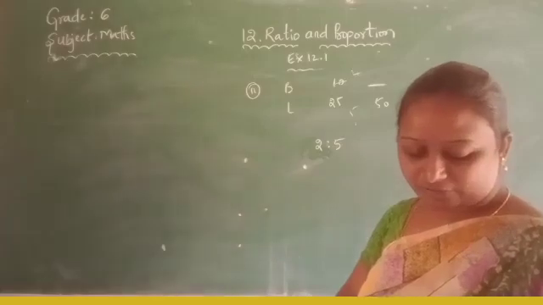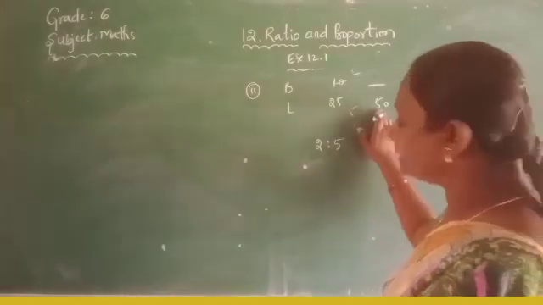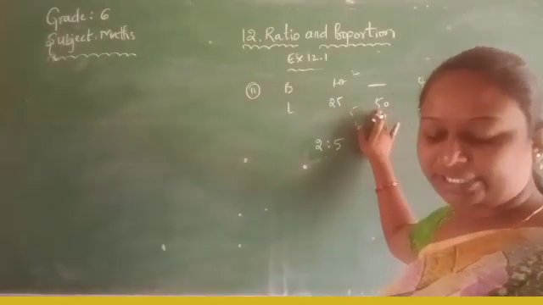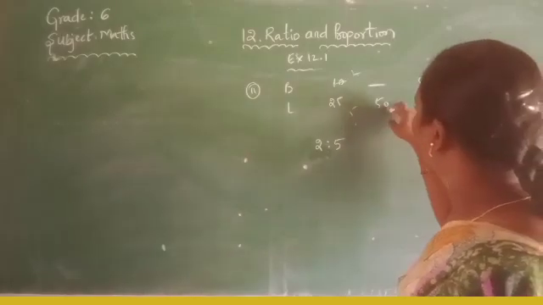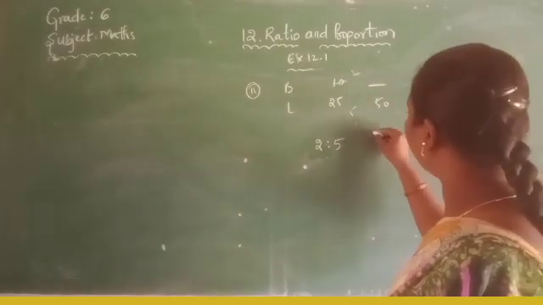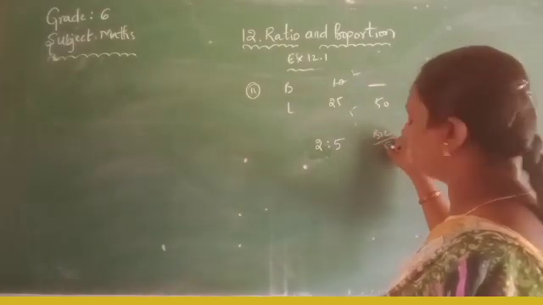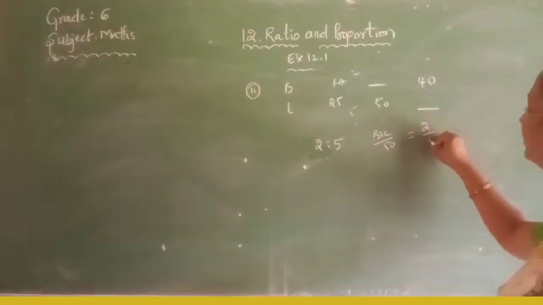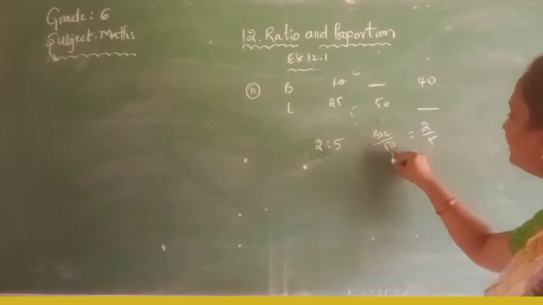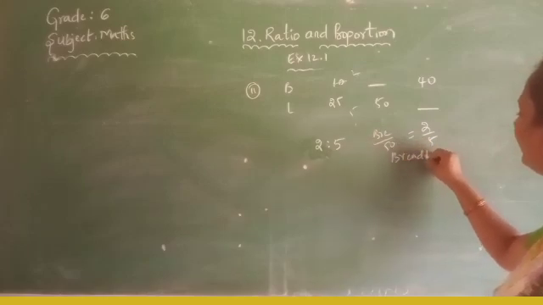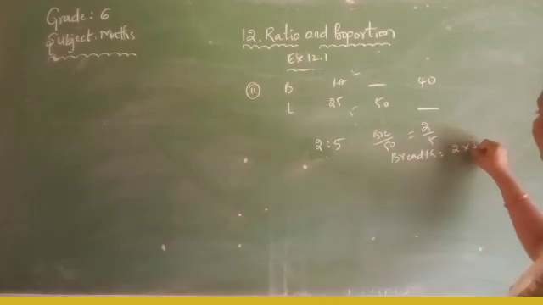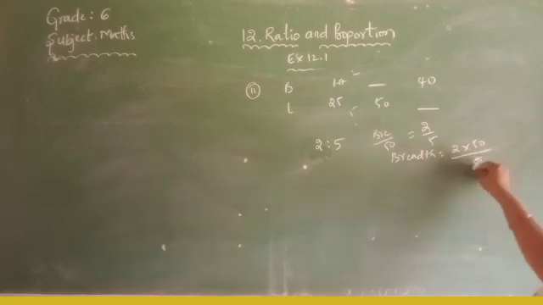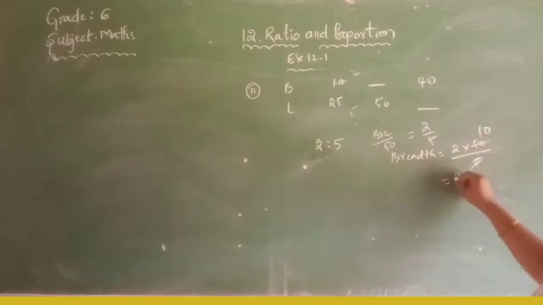The length is 50 meters, and breadth, how can you divide? Breadth by 50 is equal to the total ratio. You can simplify. Breadth is equal to 2 into 50 by 5. 5 ones are 5, 5 tens are 50. What is the breadth here?